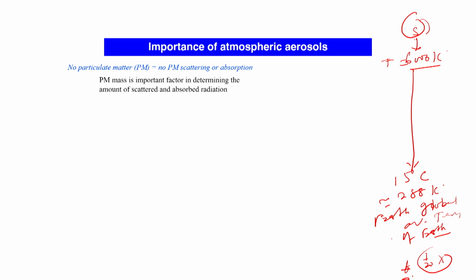These electromagnetic radiations, when they travel in the atmosphere, interact with the atmospheric aerosols and gaseous molecules that are present. If you recall my previous lectures, I have given the importance of different layers of the atmosphere, and we have discussed these things, right?